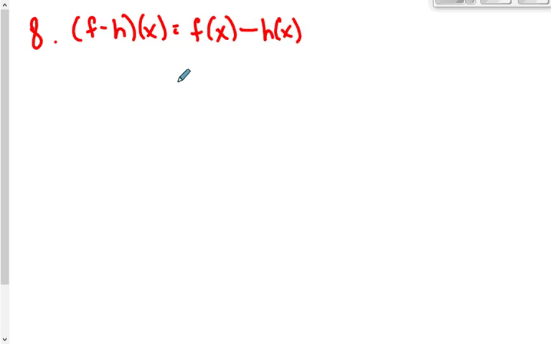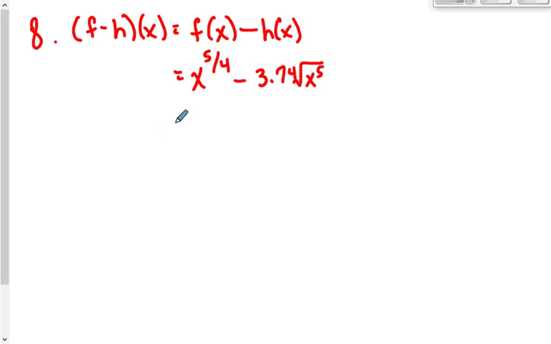F of x is x to the 5/4 minus h of x, which is 3.7 times the 4th root of x to the 5th. Those don't look the same, do they? But can I change it so that it does? How could I rewrite the 4th root of x to the 5th using fractional exponents?